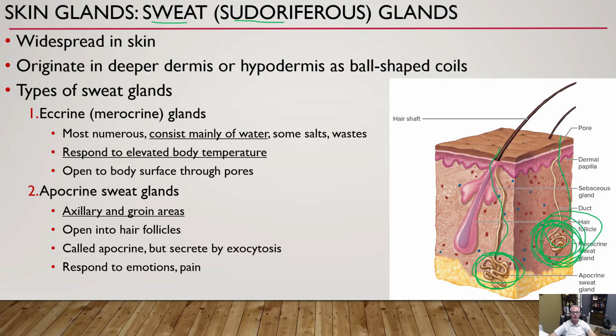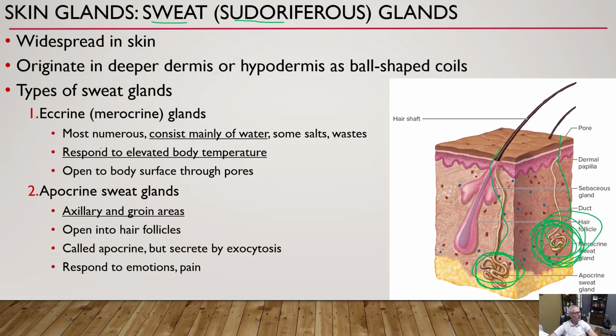And if you remember, I said that merocrine can also be called eccrine glands. Remember that merocrine and eccrine glands release their stuff by exocytosis. They're packaged in vesicles, so they release the least amount of gunkiness.